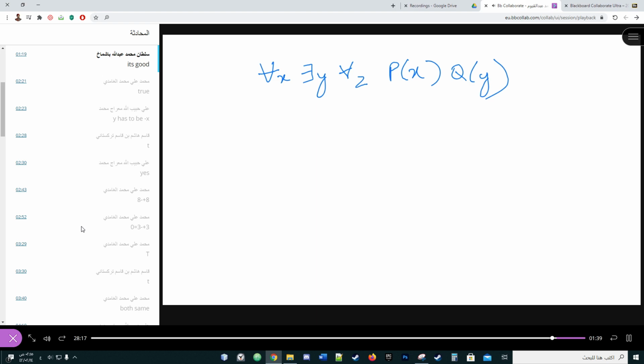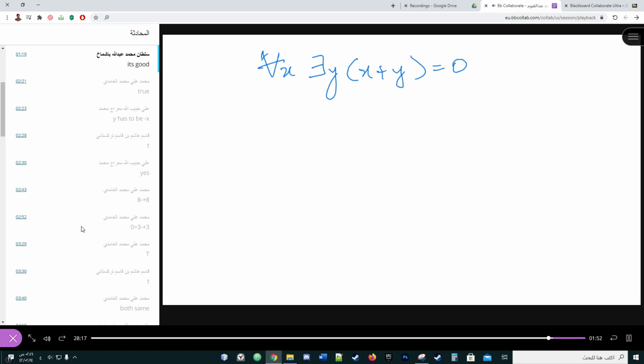Okay, so let's take a specific example. So for example, if we have this: for all x, where x is a number, there is some y where y is also a number. The domain of x and y are numbers. x plus y equal to 0.